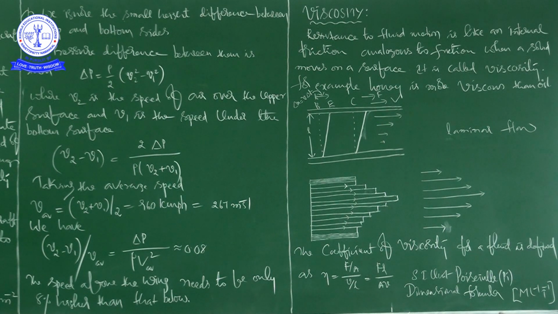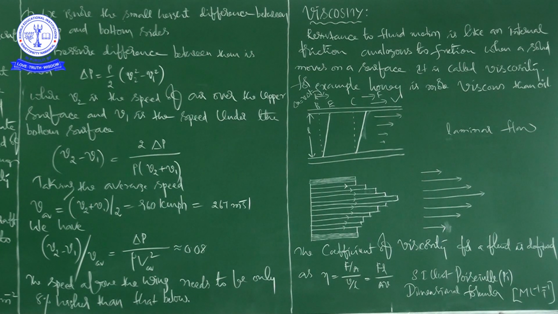The layer of the fluid in contact with the top surface moves with a velocity v, and the layer of the liquid in contact with the fixed surface is stationary. This one is stationary, and this one is moving with the same speed as the top layer. You can imagine the velocities of layers increase uniformly from bottom to top.